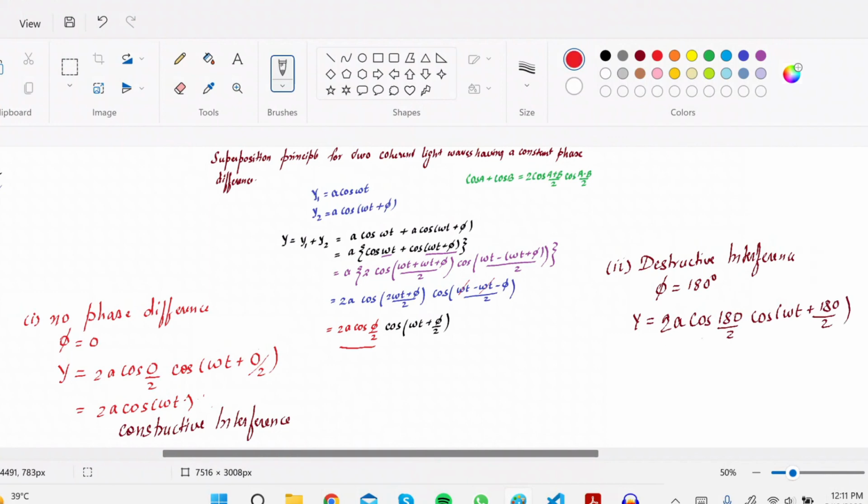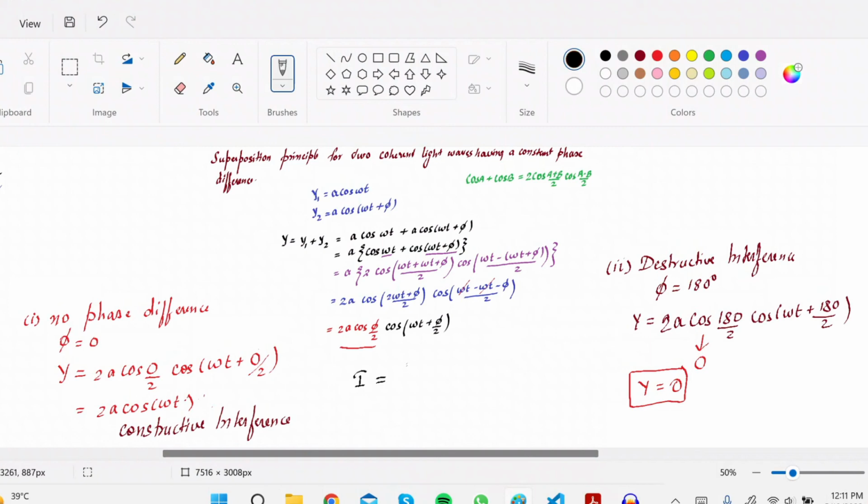And what's cos 90? 0. If it is 0, then multiplied with the whole equation, the resultant at that point is 0. So waves will cancel each other at those points. So in case of constructive interference, waves are combining together and the resultant is maximized. There it is minimized.